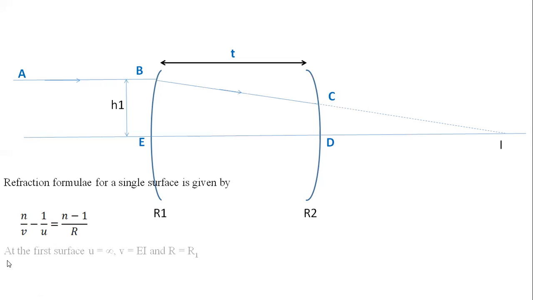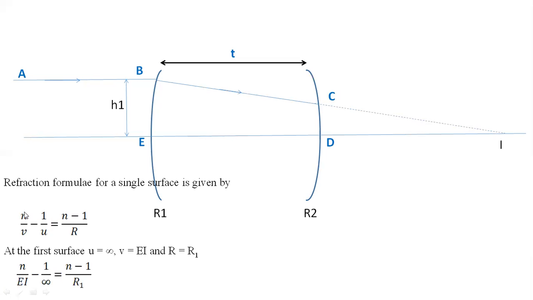Now to substitute the values: at the first surface you are getting a parallel beam of light, therefore the object is at infinity, so the object distance u is equal to infinity. The image you are getting at point I with the first surface, therefore the distance EI is the image distance for the first surface, and the radius of curvature of the first spherical surface is R1.